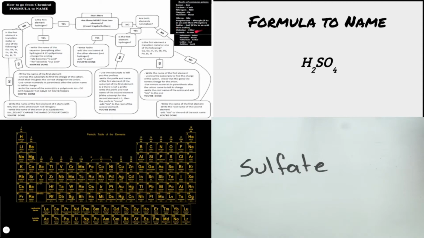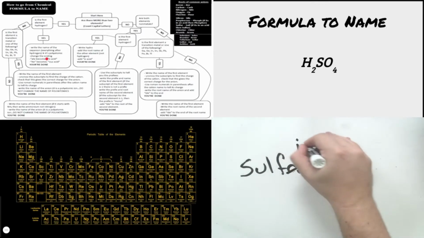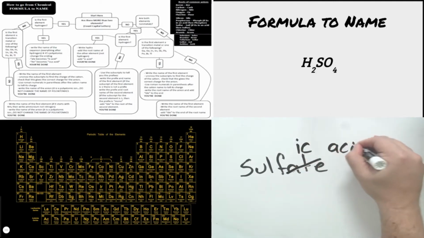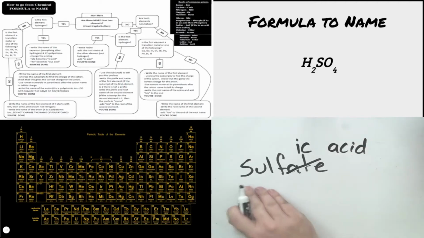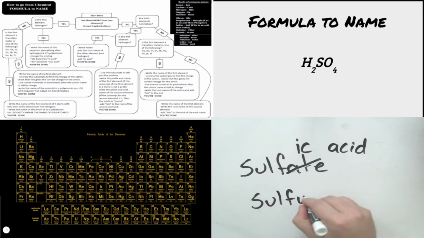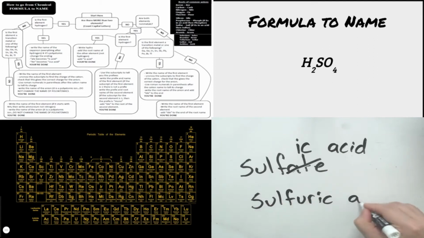If it is in an acid, then sulfur. All right, so what that means is when I change the name here from the ate to ic acid, as the flow chart tells me to do, we don't just write sulfic acid because that sounds weird to us. So we're going to write sulfuric acid.